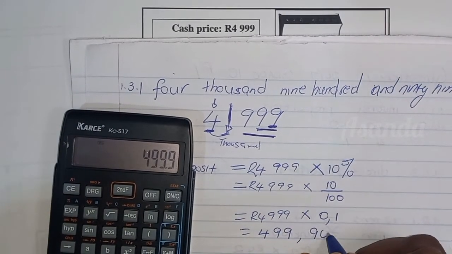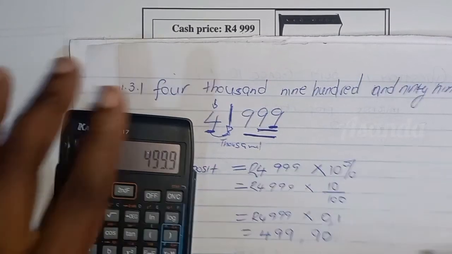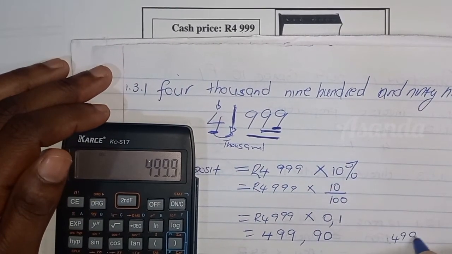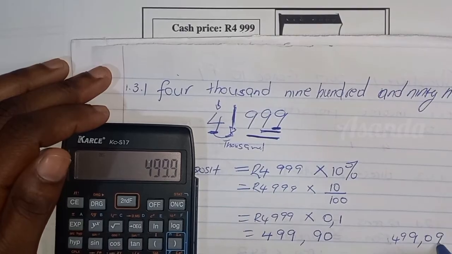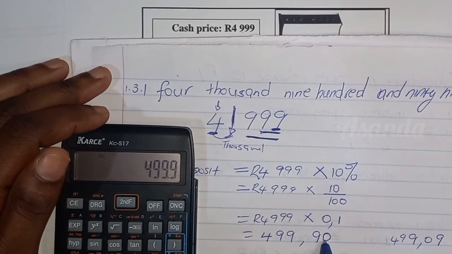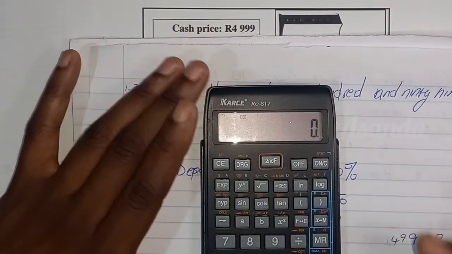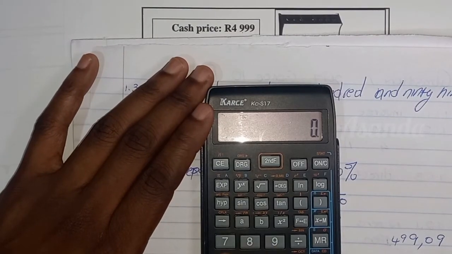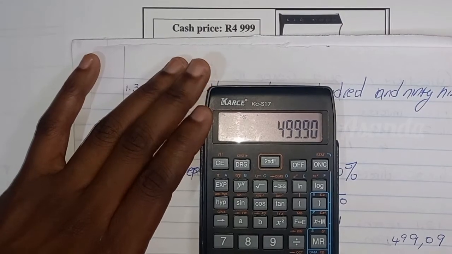But then this is 90 cents. This is not 9 cents. 9 cents is written as 499.09. So if it just says 9, then the 0 is on the other side. I'll show you. Look at this. 499 rand, comma 90, like that, right?